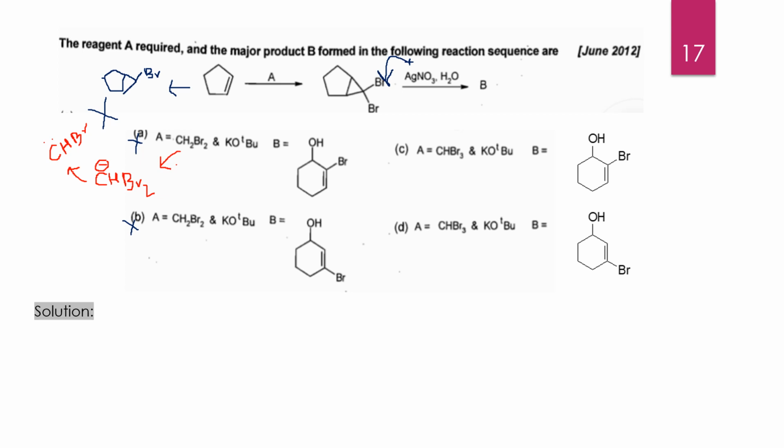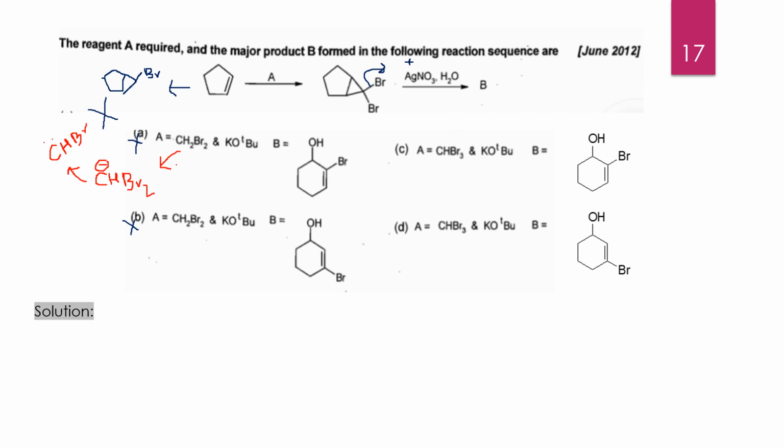So it is Ag plus. So Br will be removed as Br minus, and it will form AgBr.